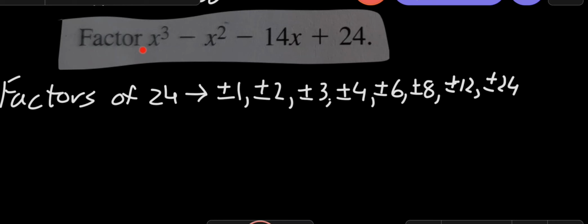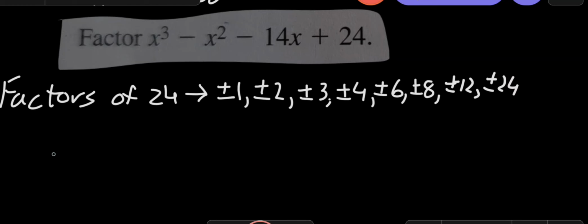But since the factor of the leading coefficient is just 1, then it's just 1 over 1, 2 over 1, 3 over 1, 4 over 1, 6 over 1. So that would be the same as these. That's why we don't need to bother listing them, because it is just a 1. Okay.